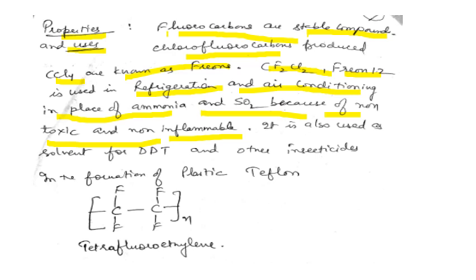So we always use freon in such applications. It is also used as a solvent for DDT and other insecticides, and in the formation of the thermoplastic polymer Teflon, which is mainly used in the preparation of utensils, made from tetrafluoroethylene.